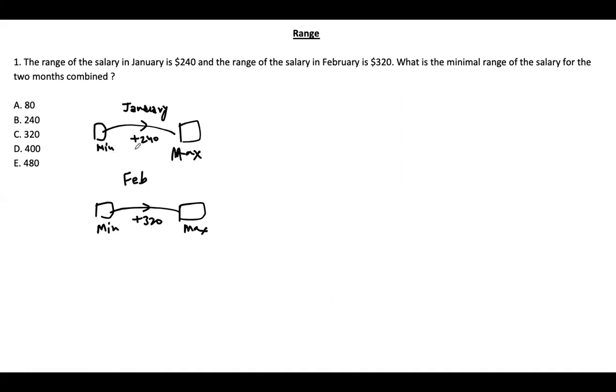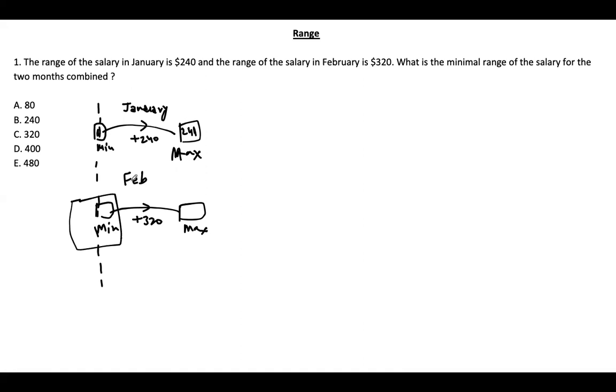Okay. All right. So let's say, I'm just assuming, you can assume anything. If the minimum value in January is 1, so what is the maximum value? 241. Right. So what can be the minimum value in February so that you get the minimum range for the 2 months combined?